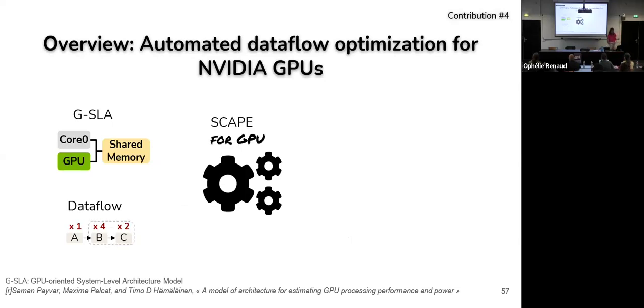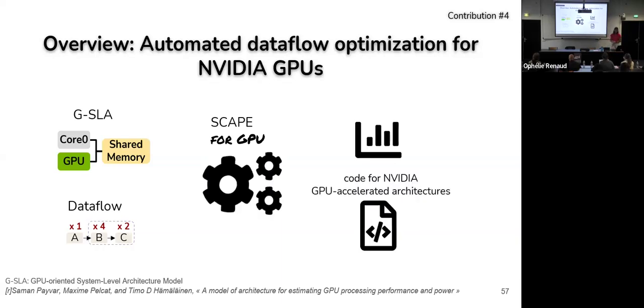And we extend our Scape method to deal with GPU by identifying GPU-friendly patterns of factors, providing an analysis, and generating code for NVIDIA GPU accelerated architecture. And this work was carried out by the intern I supervised, Ewan Michel, at Swinburne University and IETR as part of the Rising Star project.